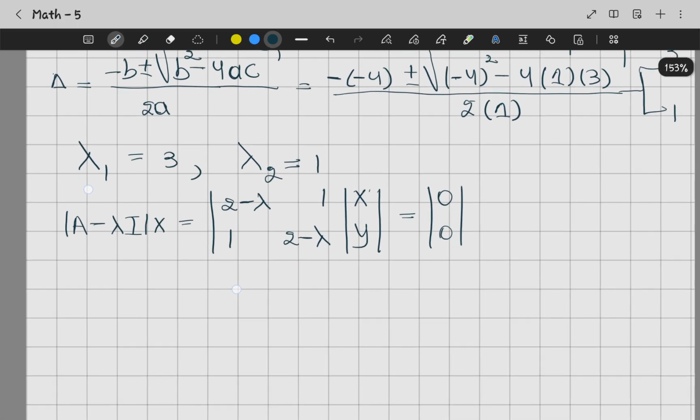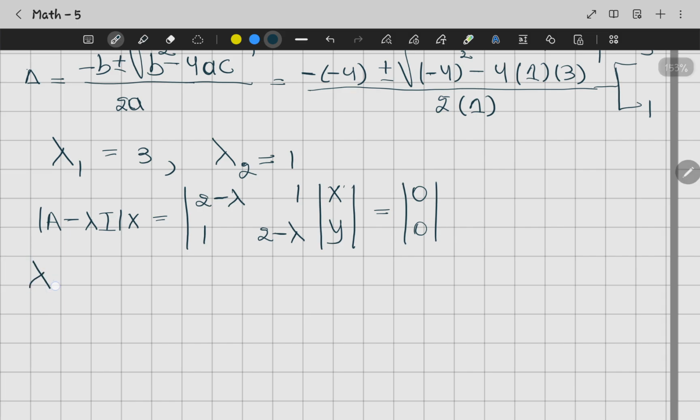So we need to solve for y prime, eigenvalue 1. What we're going to do here is replace the value of 3 inside. So we have something like this: 2 negative 1, 2 negative 1, and then x y equal to 0 0.